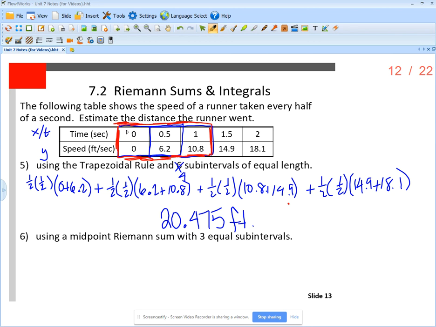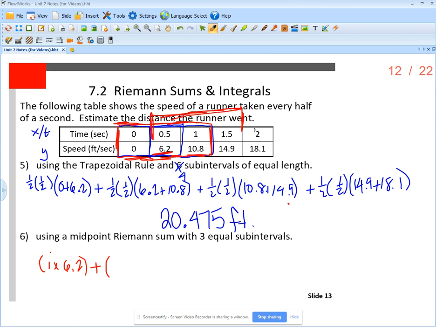So if I'm looking at this, it is a rectangle. So the base, I'm going from 0 to 1, base is 1, times the height. Now, if it was a left hand, I would use 0. If it was a right hand, I would use 10.8. For a midpoint, I'm using that middle number, 6.2. Not really revolutionary there, midpoint, taking the middle. My next interval is going to be here.